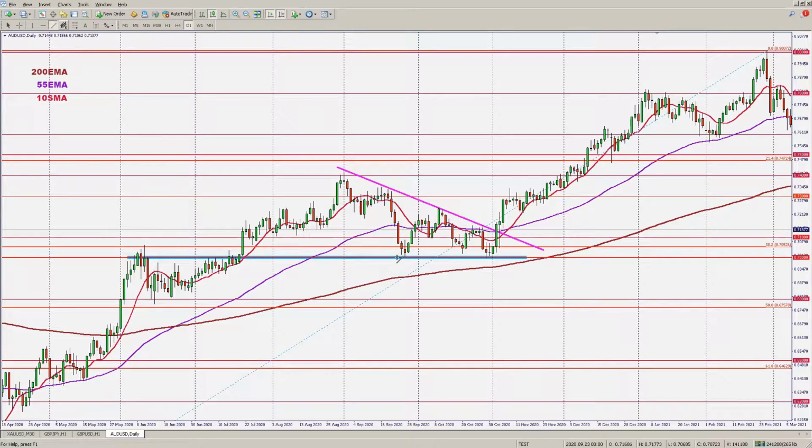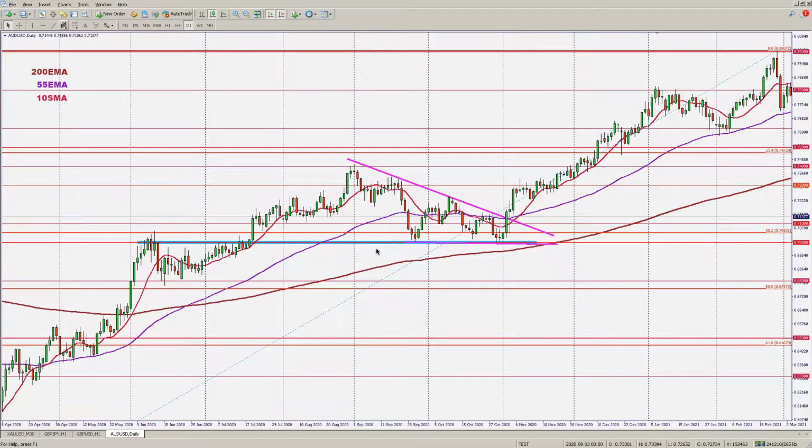Which is basically like a descending triangle, or a slightly descending wedge here, but almost a flat bottom, so a descending triangle.